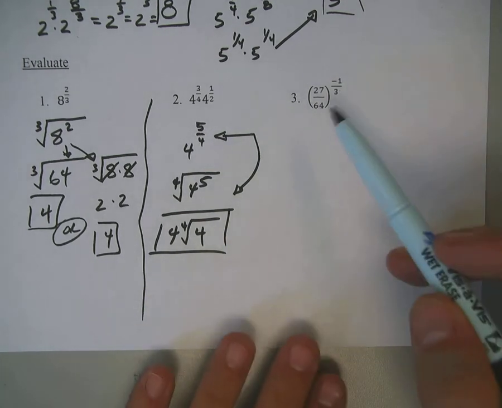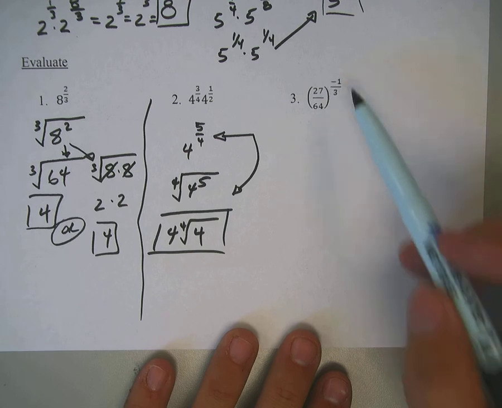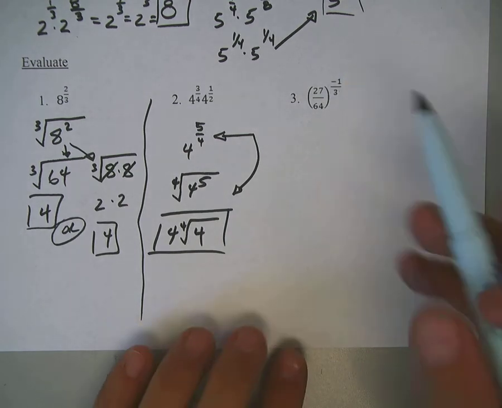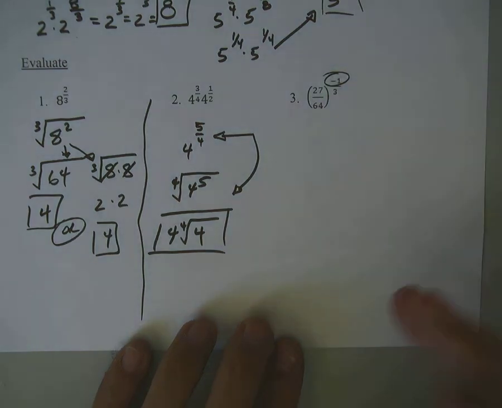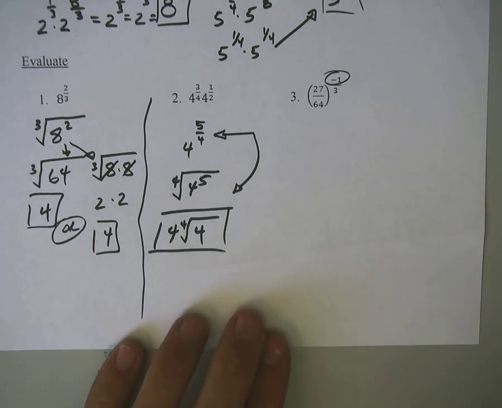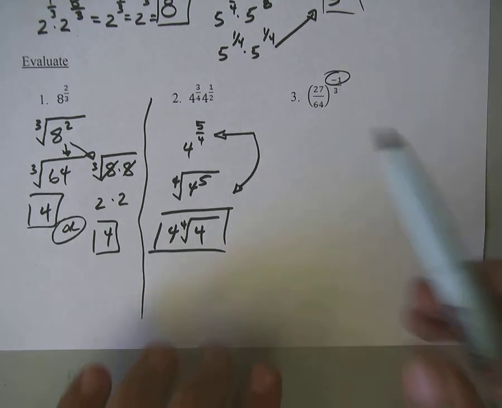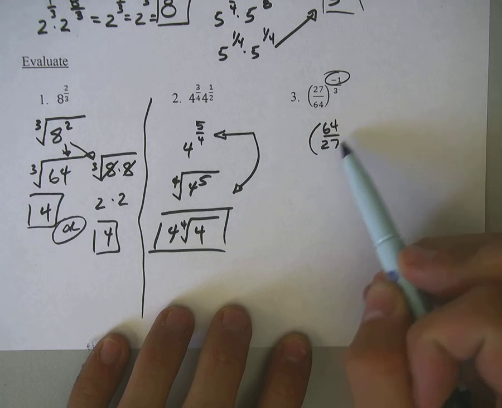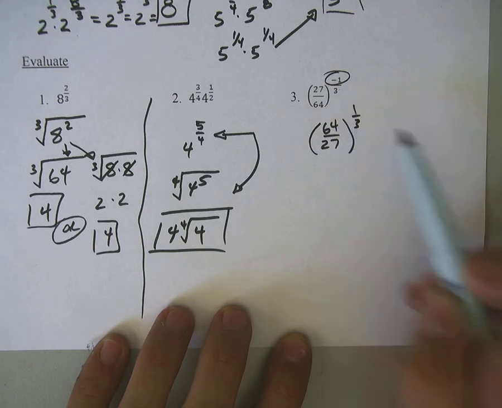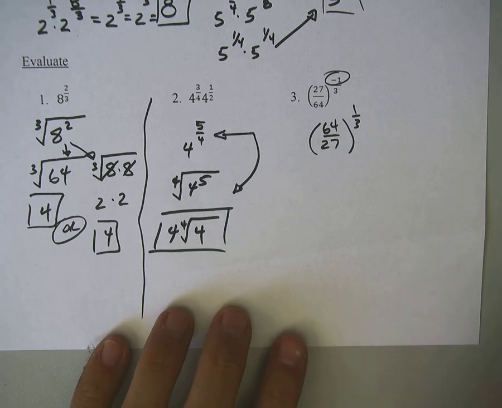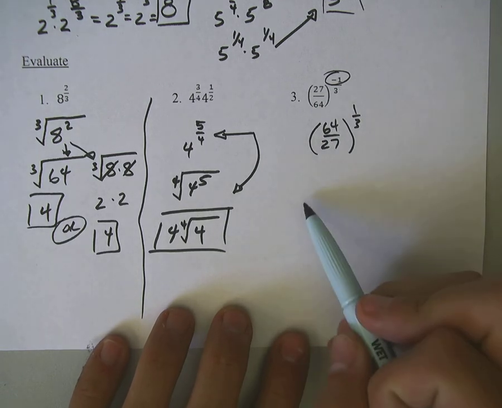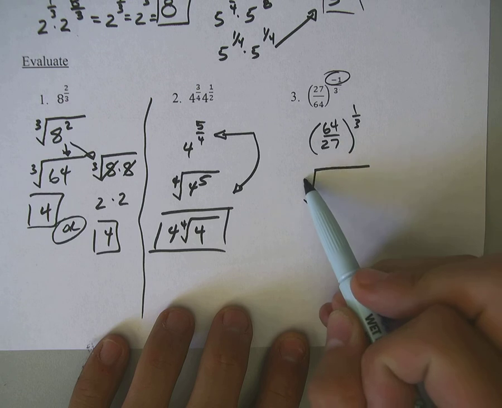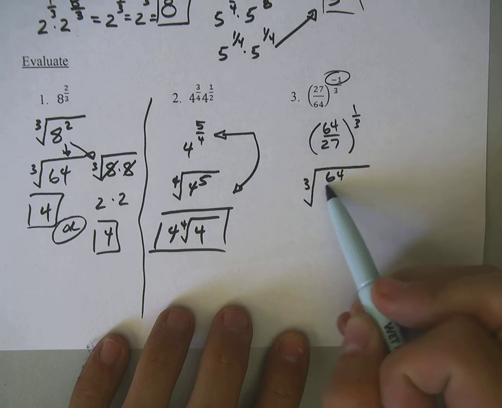Okay, so this one says 27 over 64 to the negative 1/3. So remember, this negative part right here is telling me that we're going to have to flip my fraction. So it's going to become 64 over 27 to the positive 1/3. And since the whole thing is to the positive 1/3, that means I could change it to the cube root of 64 over 27.